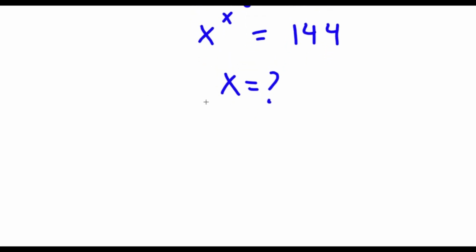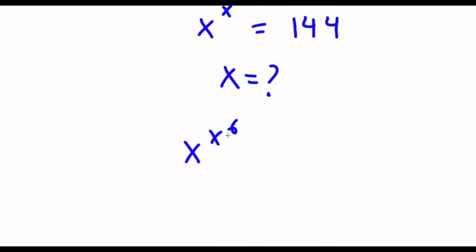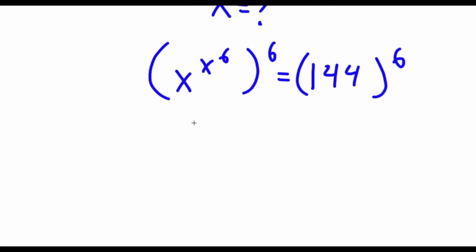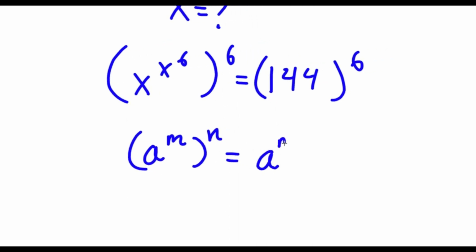So to start, I'm going to take the power of 6 on both sides. Now, if I have something in the form a to the power of m to the power of n, this is the same thing as a to the power of m times n.